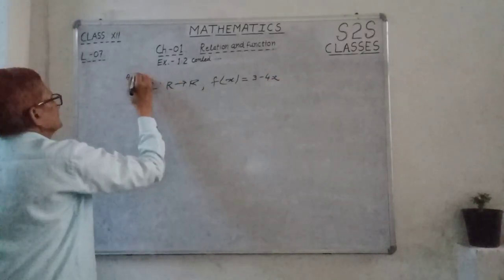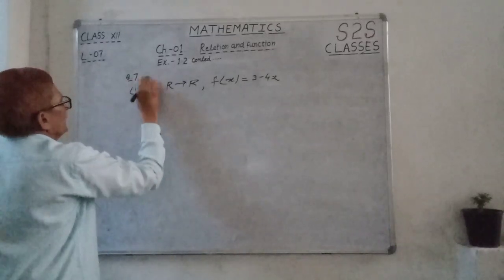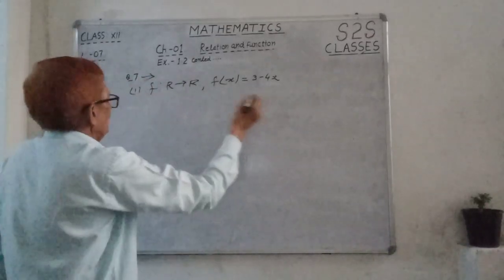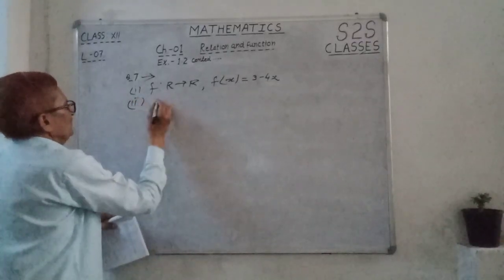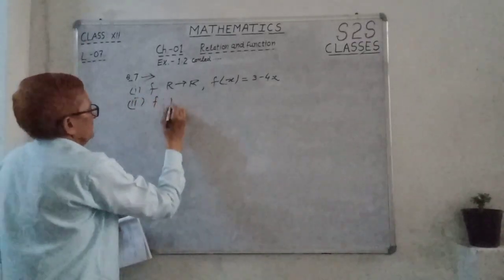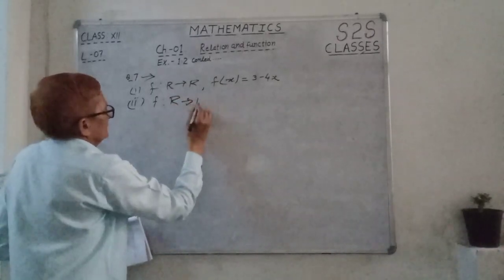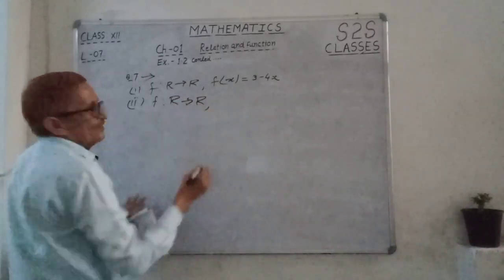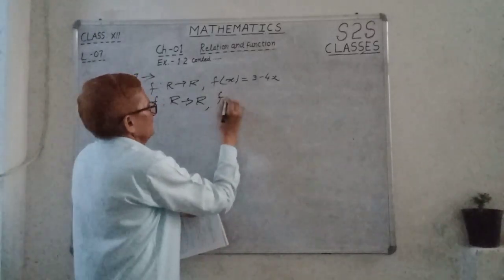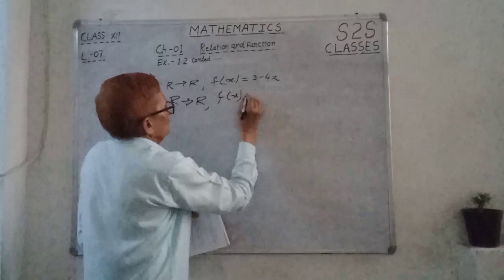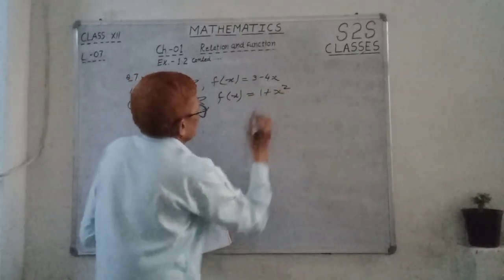Okay, we are taking this question. For this first part and the second part also, we have to check whether the function on real numbers to real numbers defined by f(x) is equal to 1 plus x squared is bijective.